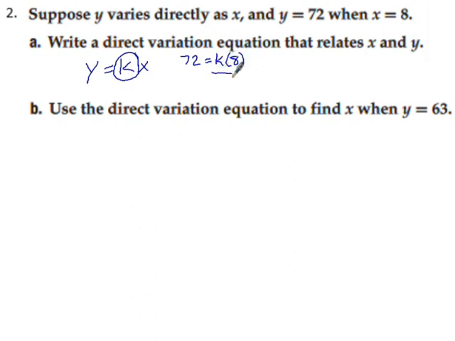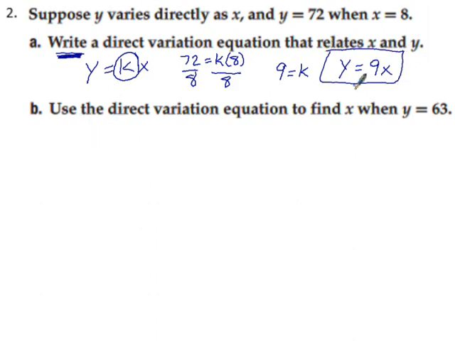To get k by itself I have to do the opposite, which is divide by 8. 72 divided by 8 gives me 9, so k is equal to 9. This is not my final answer because the question asked me to write an equation. The equation is y equals kx, but I know that k is 9. So y equals 9x. That's my direct variation equation.